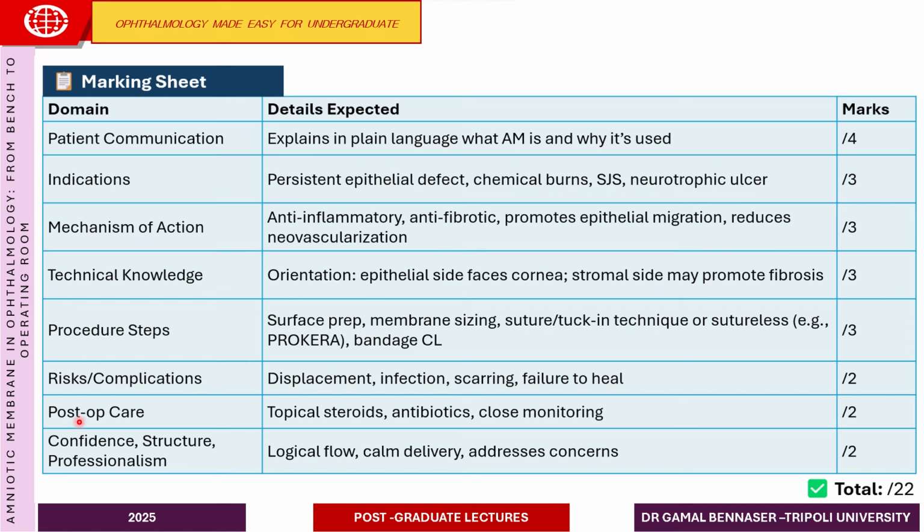They will assess your confidence in speaking to your patient or answering your examiner. So this is the way they distribute the marks in the OSCE case, out of 22.